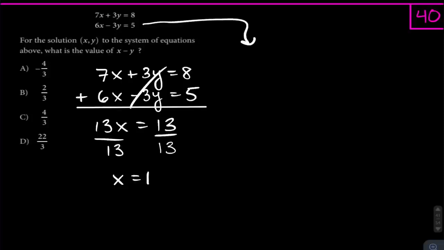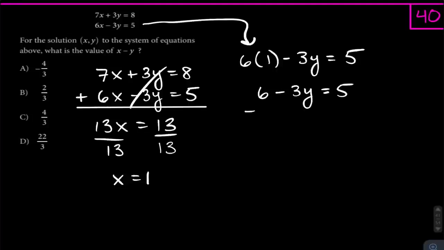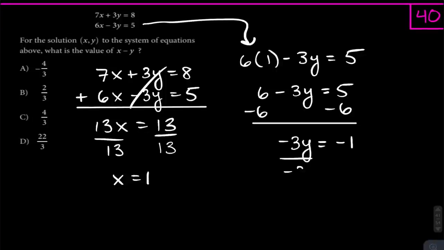I just like the one with the smaller numbers. And so we get 6 times 1 minus 3y equals 5. Let's solve for y. We get 6 minus 3y is 5. Subtract 6 on both sides. -3y is equal to -1. Divide by -3 on both sides. And we get that y is equal to 1/3.